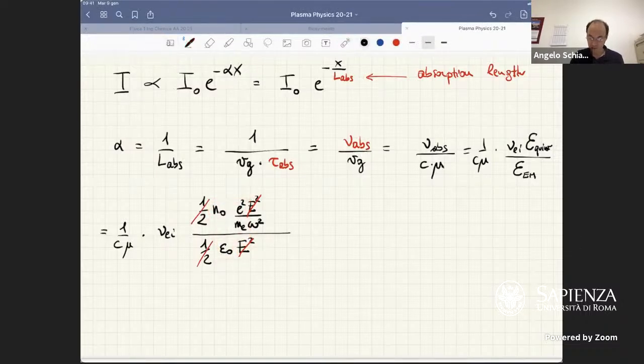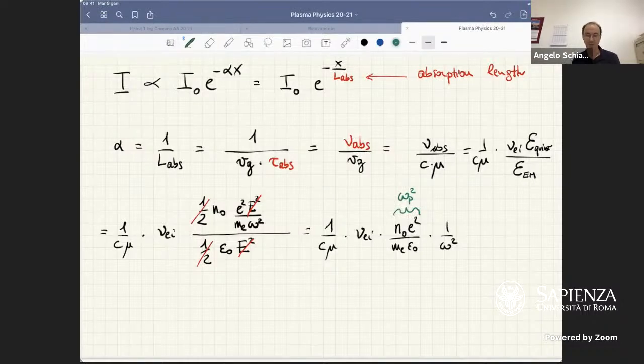So let's write it as 1 over c mu times the collision frequency mu_ei times n0 e squared over mass of the electron epsilon naught, which is actually the plasma frequency, divided by 1 over omega squared. Okay, so the term here is omega_p squared, the electron plasma frequency.